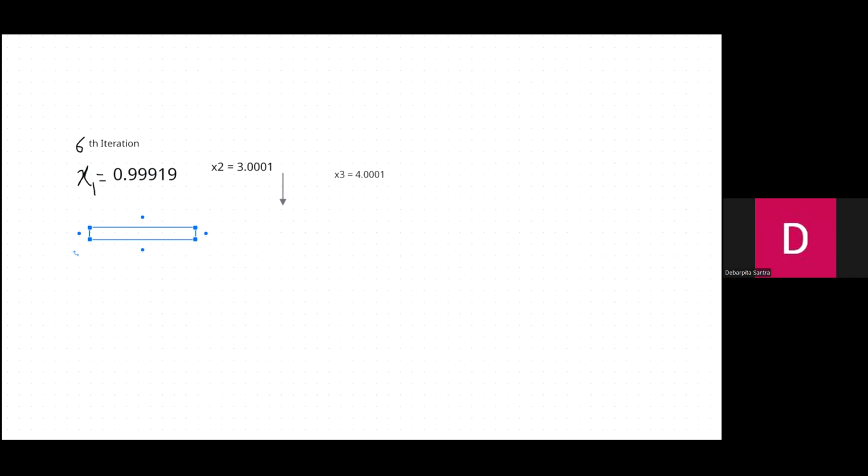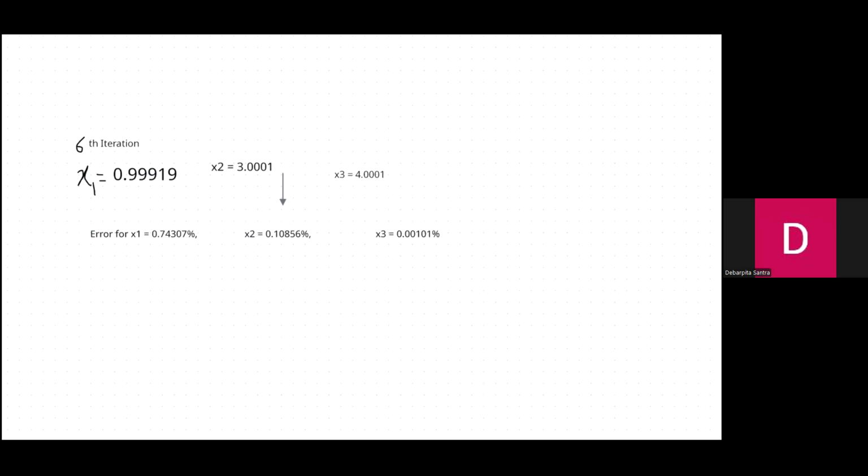The error for x2 will be calculated as 0.10856%, and the error for x3 will be 0.00101%. Okay, so these are the error values, and you see that these error rates are almost 0%.